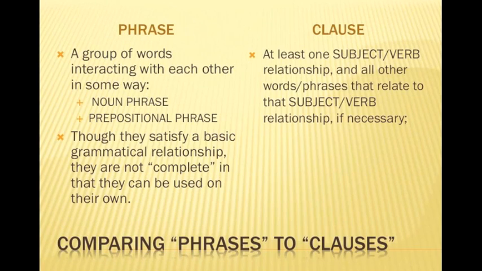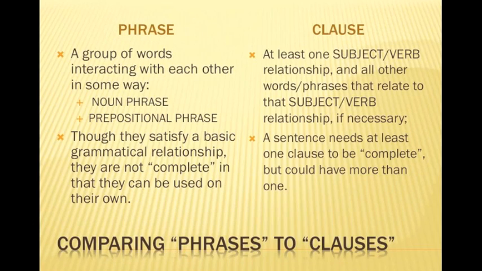That is referring to the concept of a clause. And remember, a clause is basically when you have a subject and verb relationship and all of the other words or phrases that relate to that subject and verb relationship. And as we said before, a sentence needs at least one clause to be considered complete, but it could have more than one, and we're going to talk more about that in just a moment.